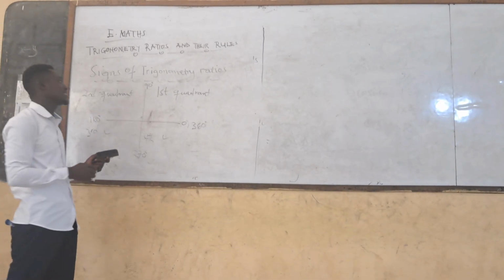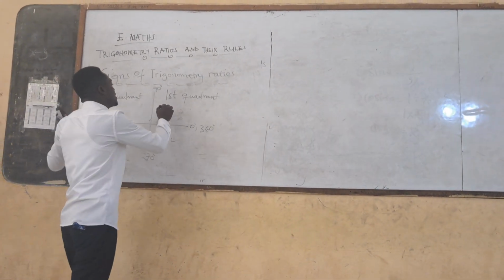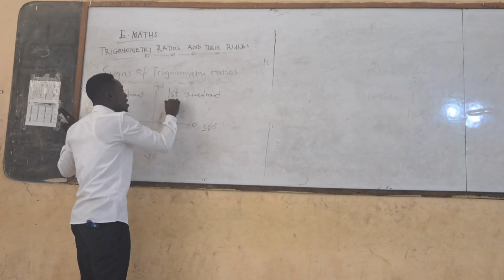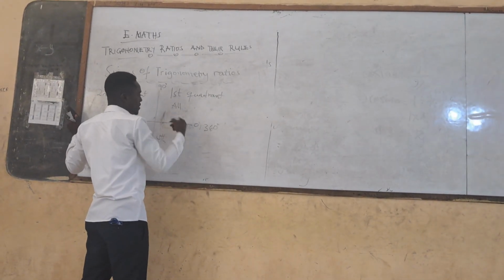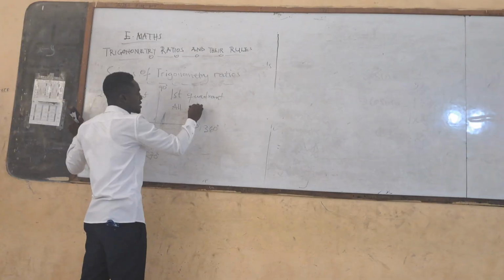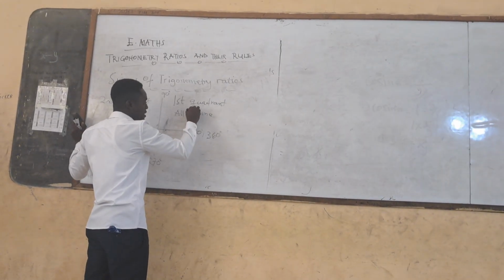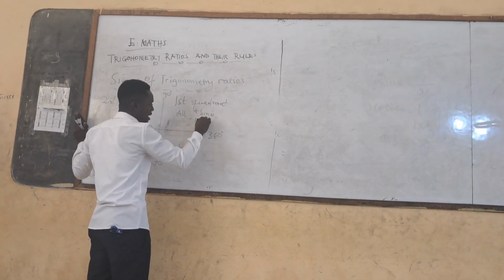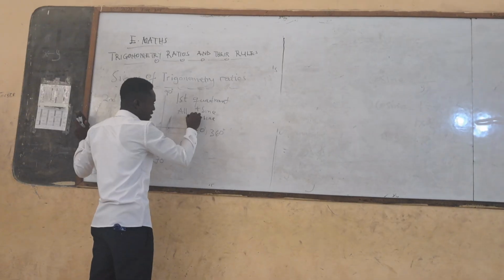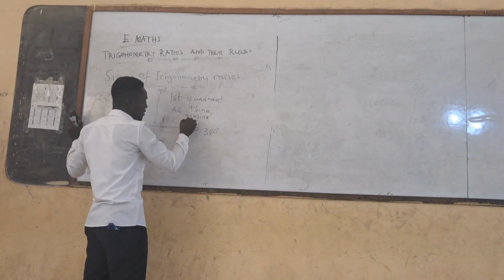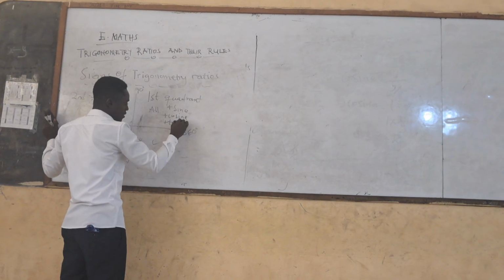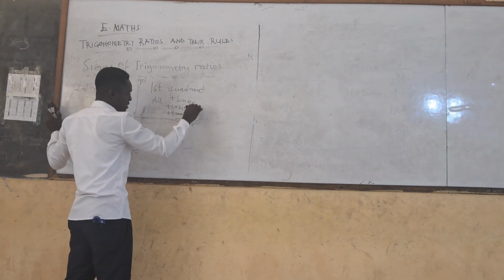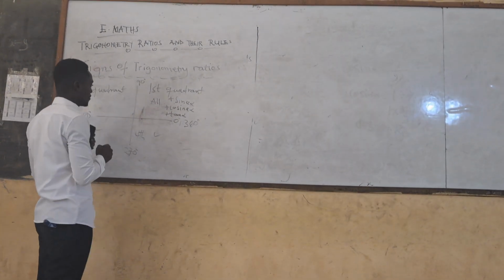Now, in the first quadrant, all of the basic ratios are positive. So sine is positive, cosine is positive, and tan of a certain angle is positive.